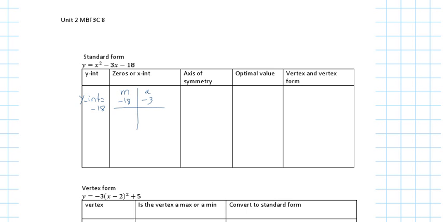Because the sum is negative, my larger one is going to be the negative one. So it's going to be negative 6 and 3. Now because I've already factored, I just have to put them in: x minus 6, x plus 3.